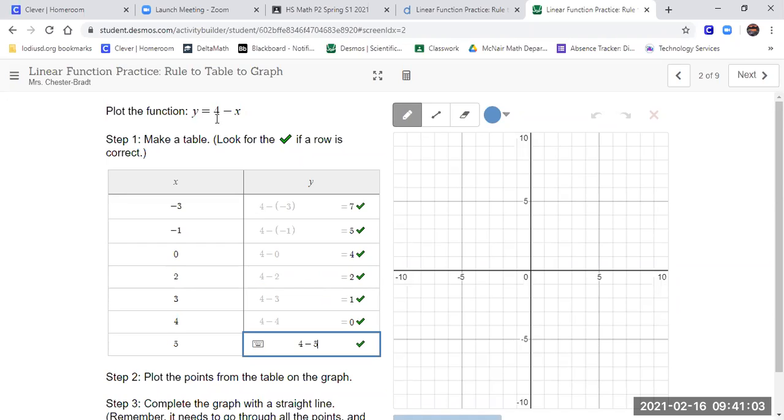Okay, my equation went 4 minus the x value. So everybody should be almost done with their table.